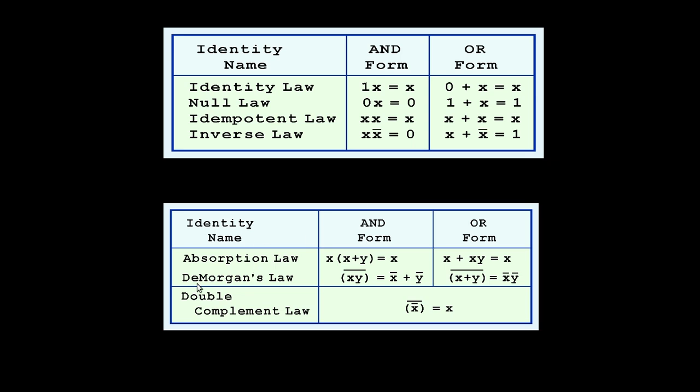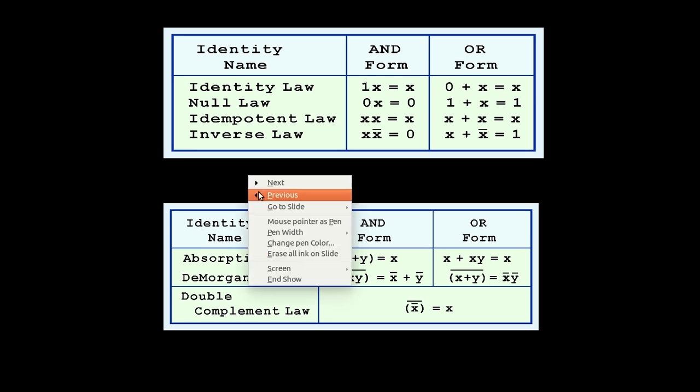Here we also have another identity, and this is a really important one, where we have x AND (x OR y) equals x. Let's see, what do we do if we want to solve this? We distribute.